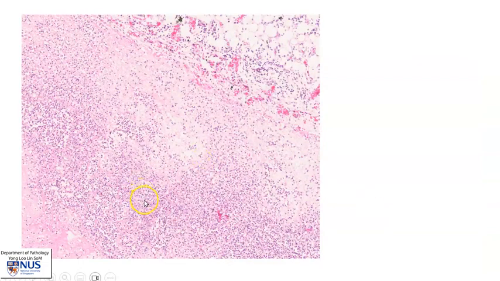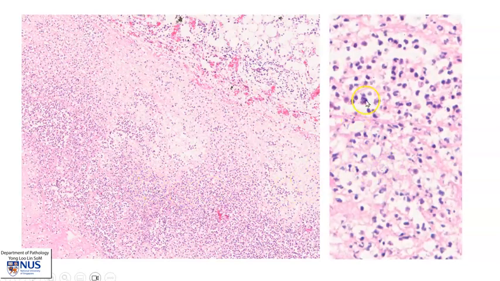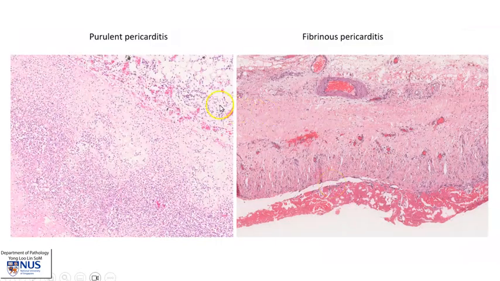Here is a higher magnification picture where we can see the neutrophils, and here admixed with fibrin. And this is just to compare this with fibrinous pericarditis, which is usually due to non-infective causes, for example, autoimmune disease or post-myocardial infarction, where we would see a more dense fibrinous exudate, which is less cellular compared to purulent pericarditis.